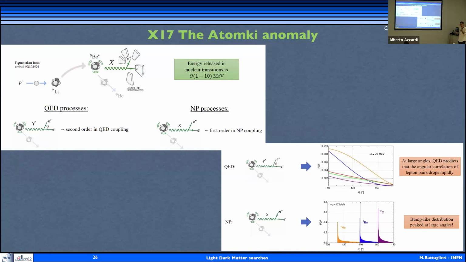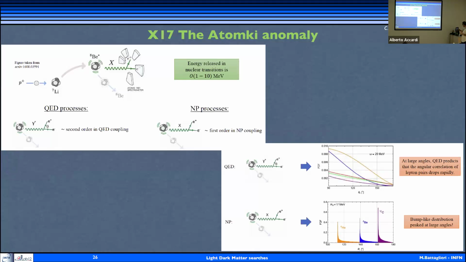But if a particle is produced while the nucleus is decaying, producing gammas, you may have some of these gammas couple to a possible A prime. Then the e+ and e- I'm measuring will reflect the fact that production goes through a resonance. That means I'm expecting a peak in some place.